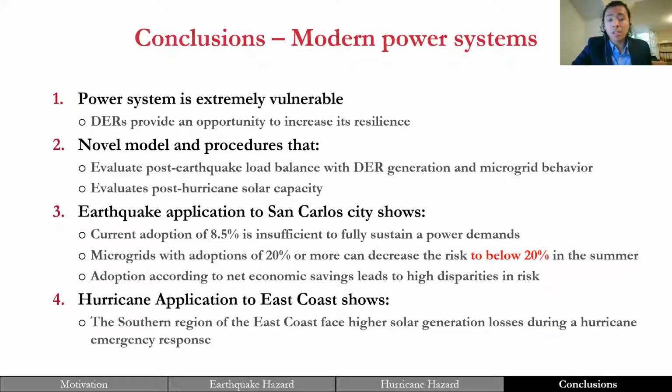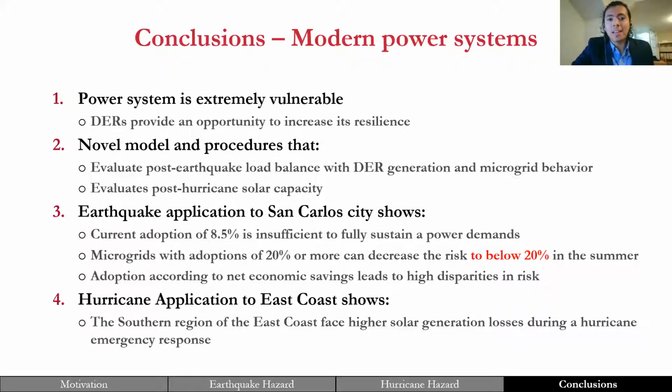For the earthquake application in San Carlos, we saw that the adoption of 8.5% is still insufficient to provide access to energy for people after an earthquake aftermath. It's insufficient to sustain their demands. However, with a microgrid and adoption of 20%, you're going to start seeing significant gains in resiliency, as you saw in the reductions of the risk metric, especially in the summer.